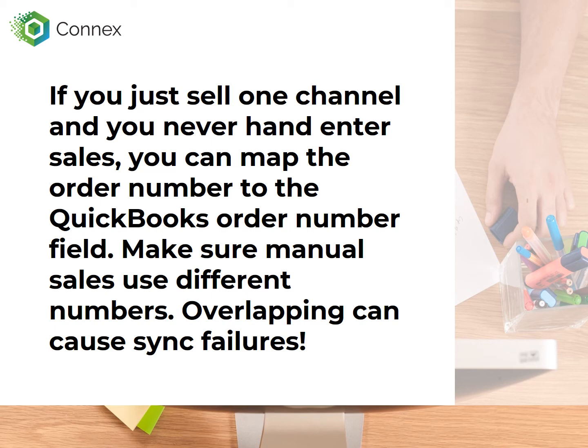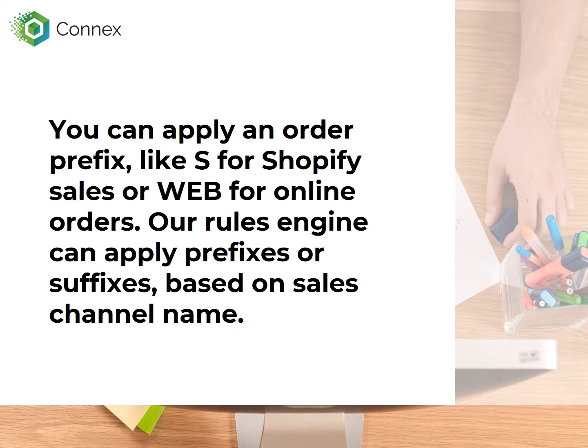Overlapping can cause sync failures. Another solution is to apply a prefix such as S for your Shopify sales or Web for your online orders. You can apply a prefix or suffix to your sales under the Advanced Transaction area of our Configure page. You could also add a rule to say if the selling channel is X, then the prefix is FBA.